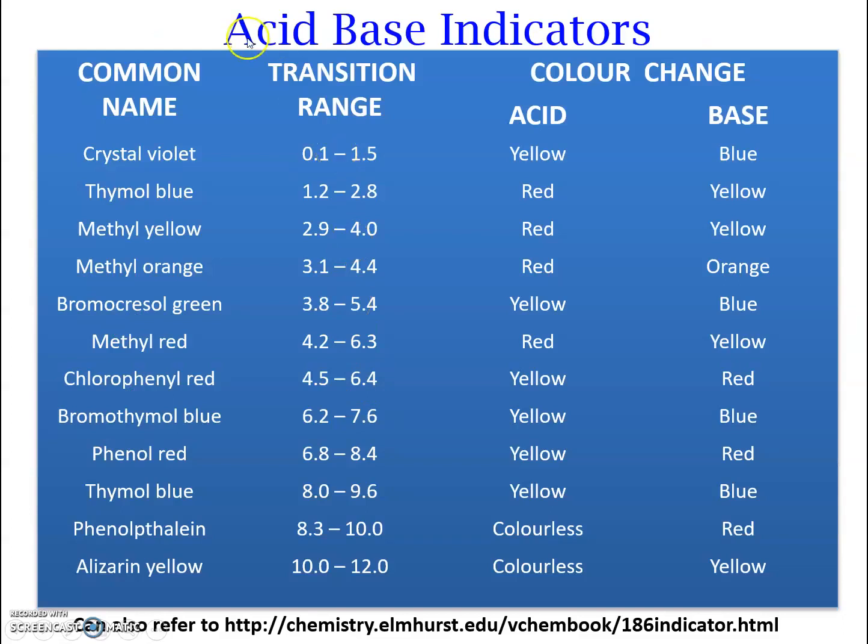This is an example of acid-base indicators. For example, crystal violet has a transition range of pH 0.1 to 1.5. Each indicator has its own pH range.